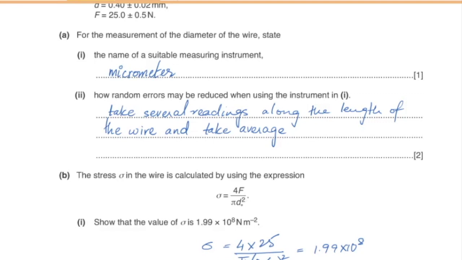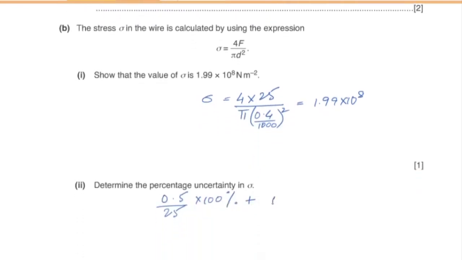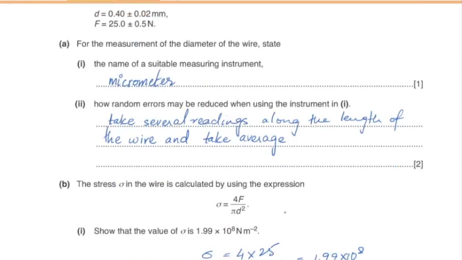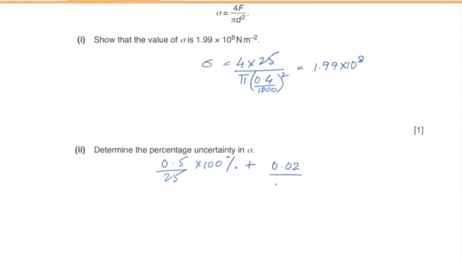So the percentage uncertainty of D is going to be 0.02, the absolute uncertainty, divided by the value D, which is 0.4 millimeters, and this should be multiplied with 100% as well as with 2. And that gives us a total percentage uncertainty of stress as 12%.